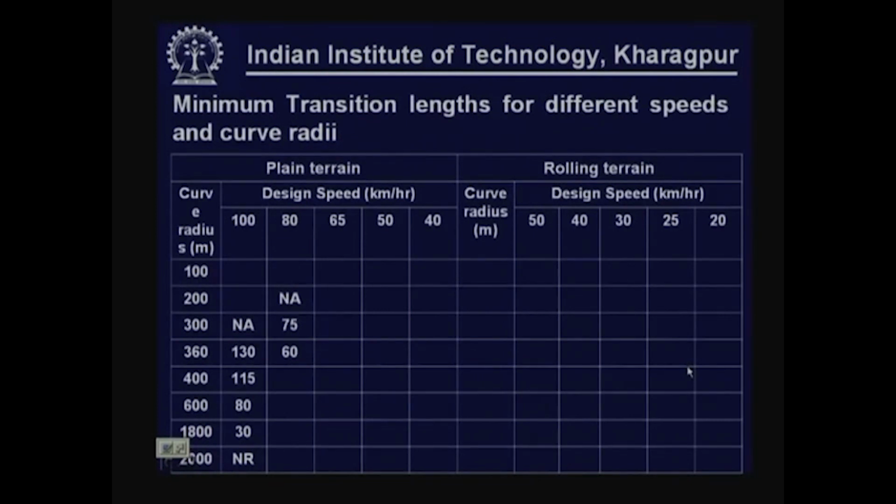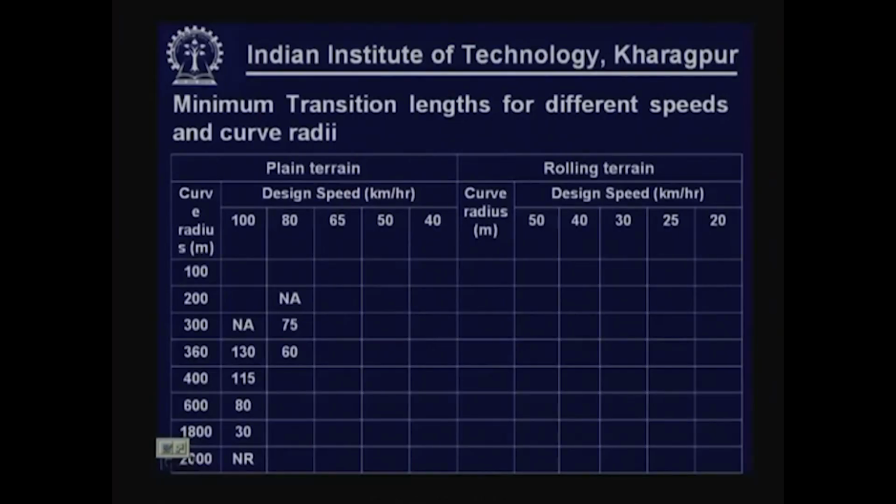Now, we have seen that the transition length depends on the design speed, as it was evident in that equation by which we calculated the length of the transition curve. It also depends on the circular curve radius, and also because the acceptable values of rate of change of super elevation are 1 in 150 for plain terrain and 1 in 60 for mountainous terrain.